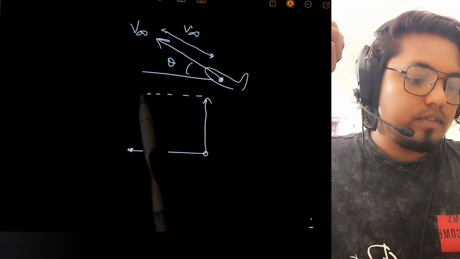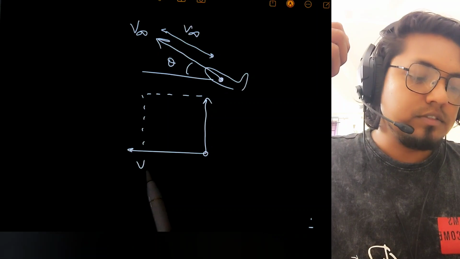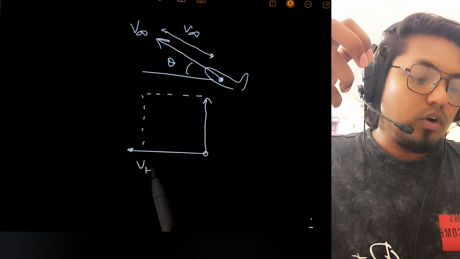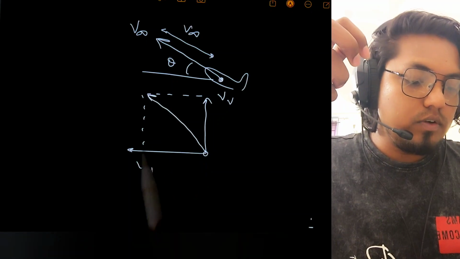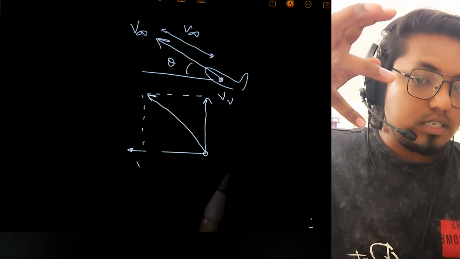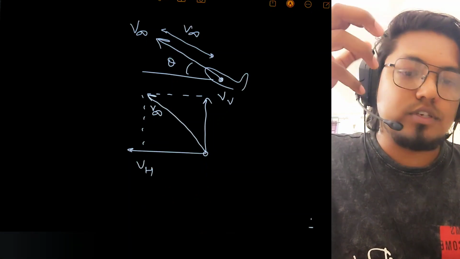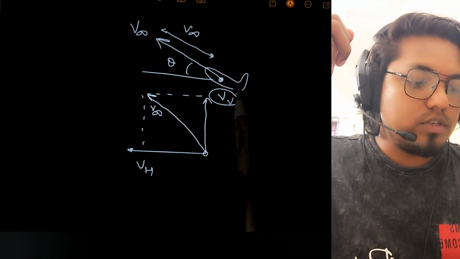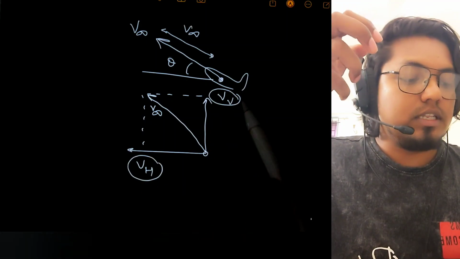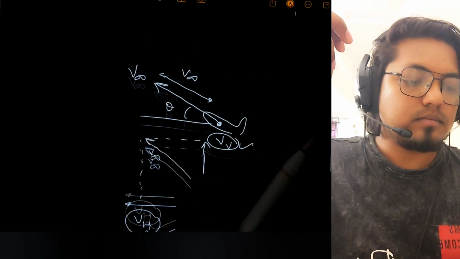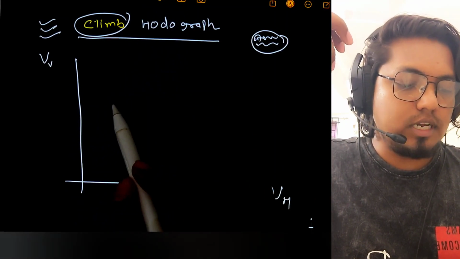So this is my horizontal velocity, this is my vertical velocity, and using the vector sum you get your final velocity V infinity. This vertical velocity I will draw on the vertical axis and the horizontal velocity on the horizontal axis, and their relation I will plot. When we plot that relation, it comes like this.